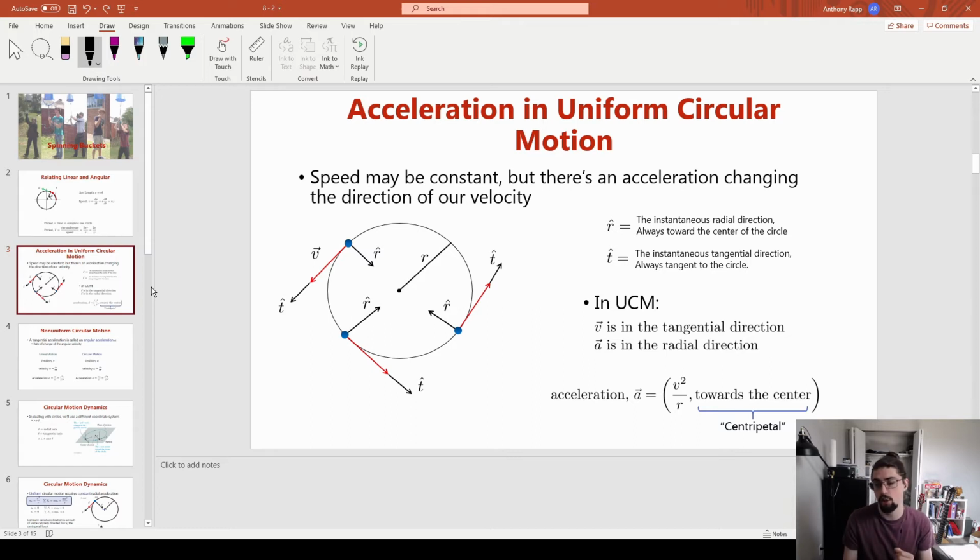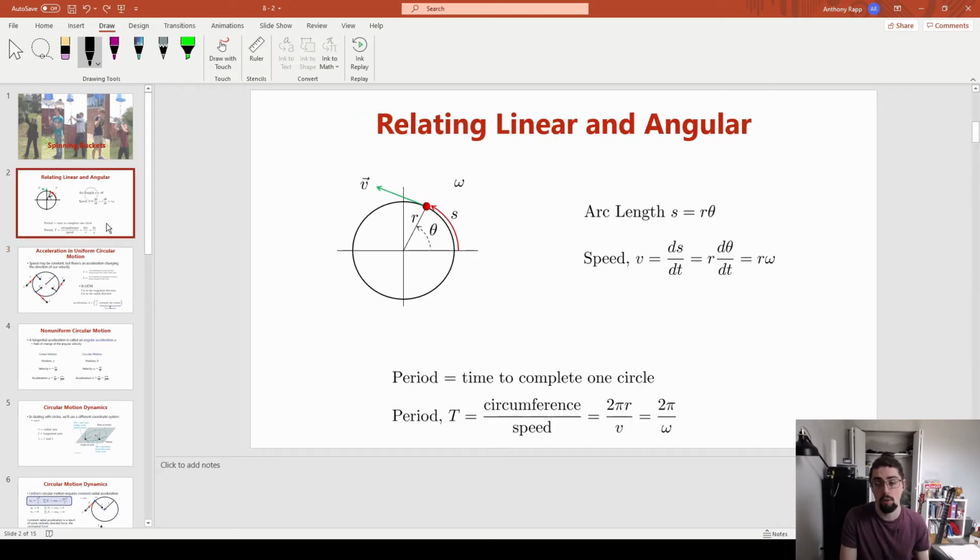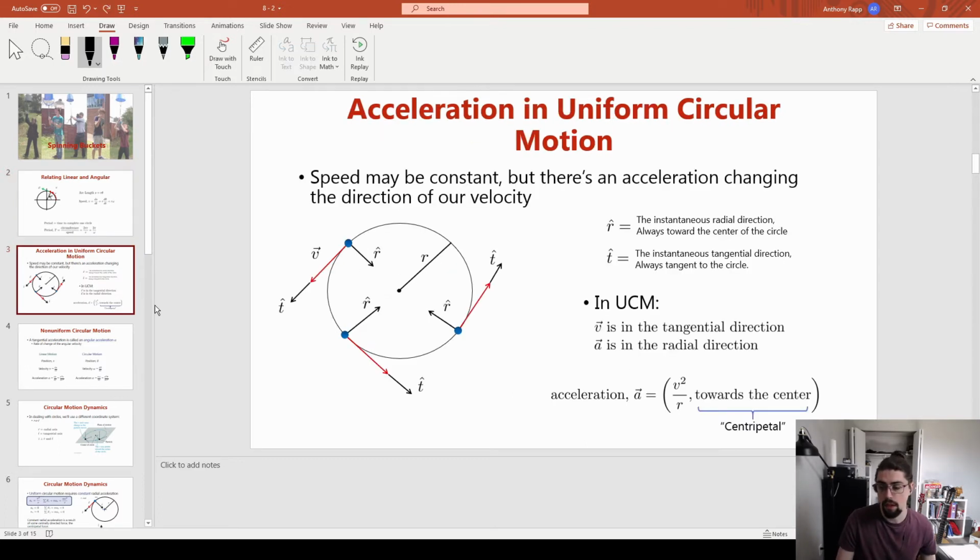We said acceleration towards the center of the circle, anytime I'm in a uniform circle, is going to be v squared divided by r, which means that there's also a translation that we can use with our omega just as well. But that is our acceleration necessary to keep us in the circle. And then if you have a tangential acceleration going along the outside of the circle, that is what's going to be leading to our angular acceleration, right?